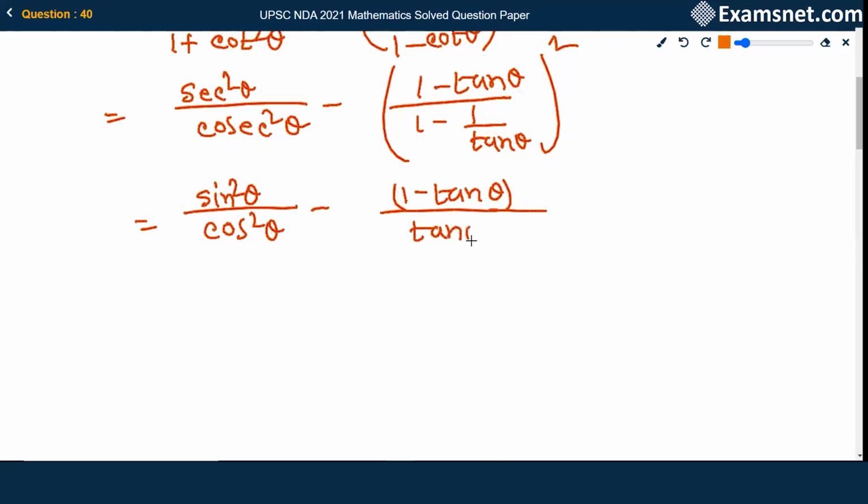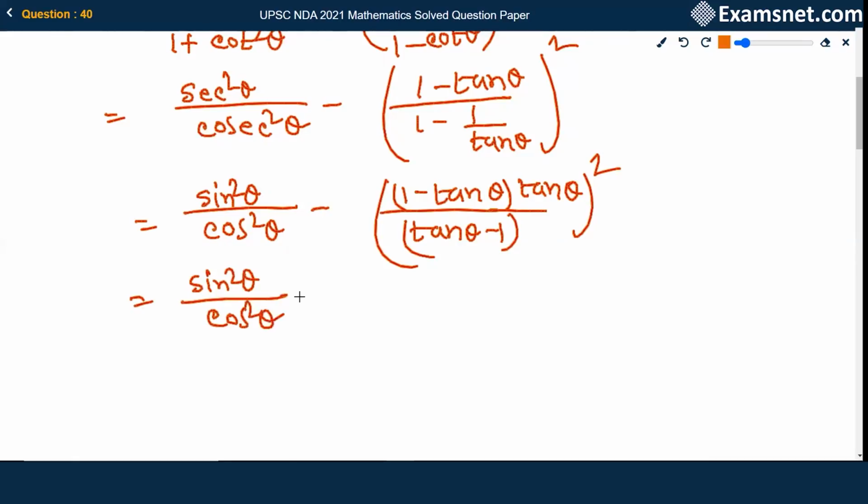and (tan theta minus 1) by tan theta. Also, the tan theta that is in the denominator will go to the numerator. Let's do the whole square. Sin squared theta by cos squared theta minus, here tan squared theta times (1 - tan theta) whole squared.